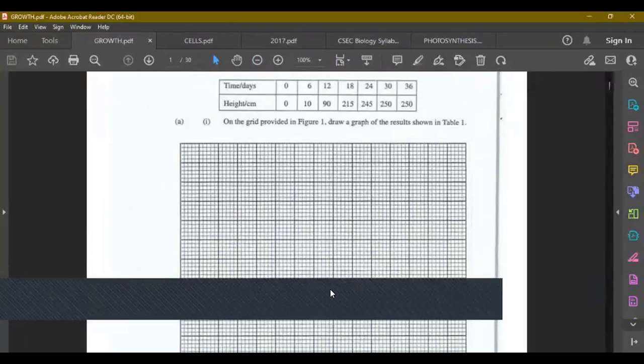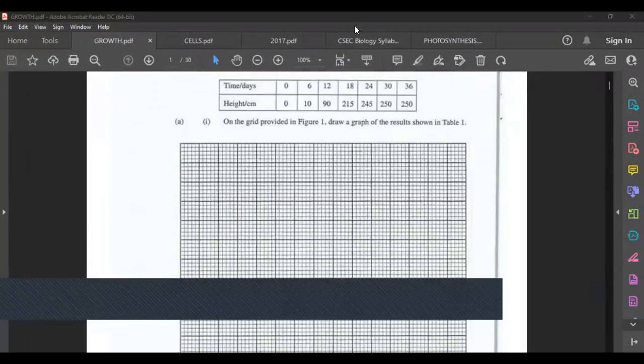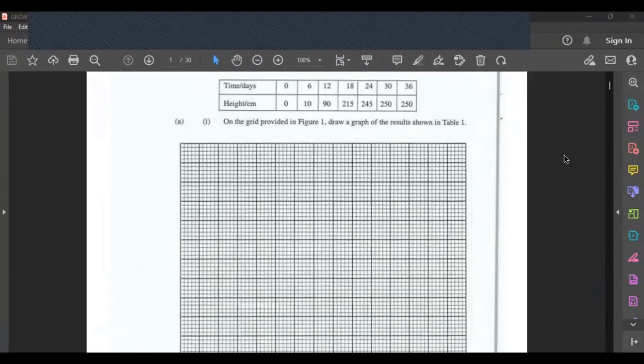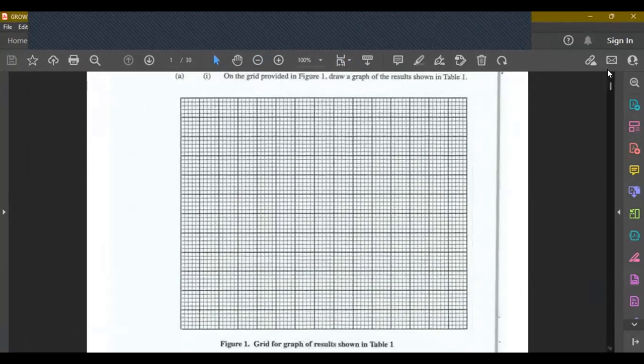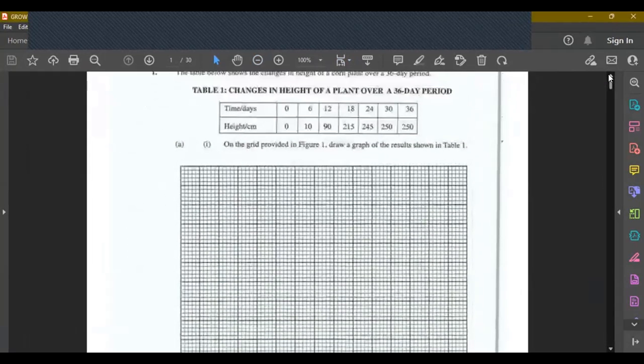A line graph. Usually they will tell you what graph they want, but once you see a graph that talks about day and time, it's a line graph, okay? Yes, miss. What will go on the x-axis and what will go on the y-axis? Time on the x, height on the y.